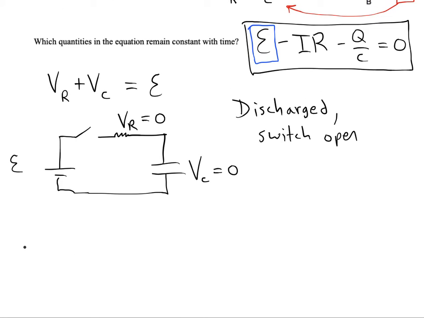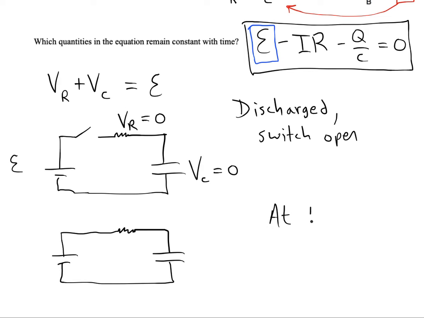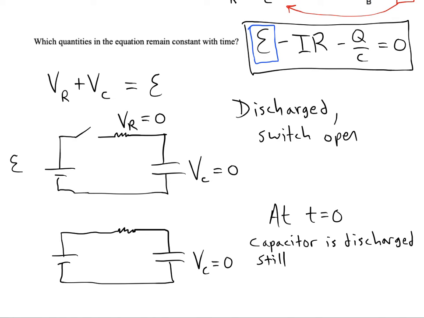Now let's close the switch. At time 0, immediately after the switch has been closed, the capacitor is still discharged. So we'll have Vc equal to 0.